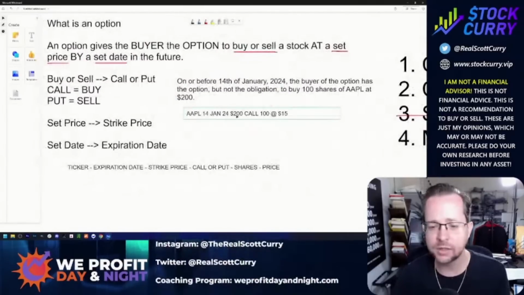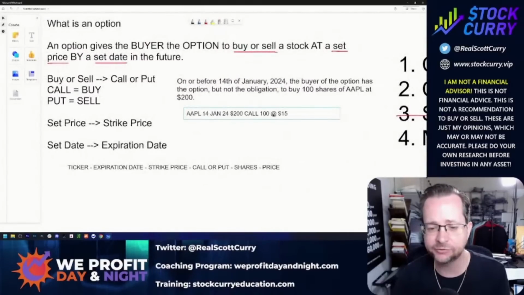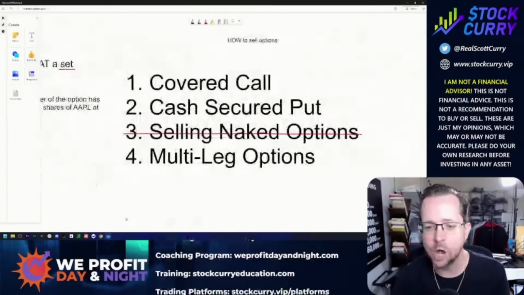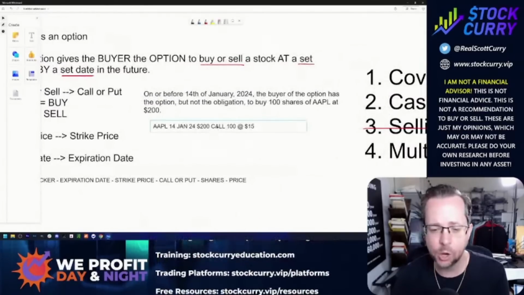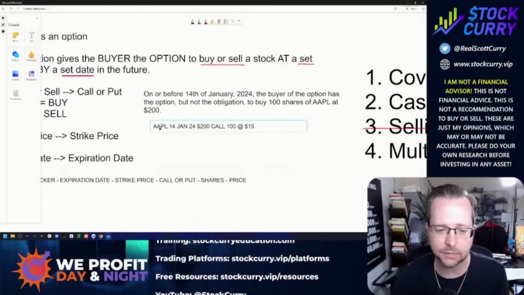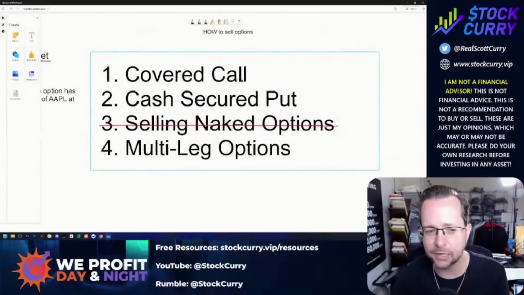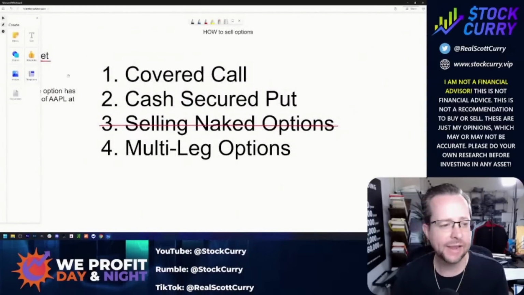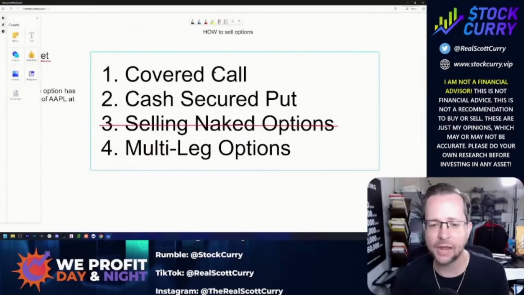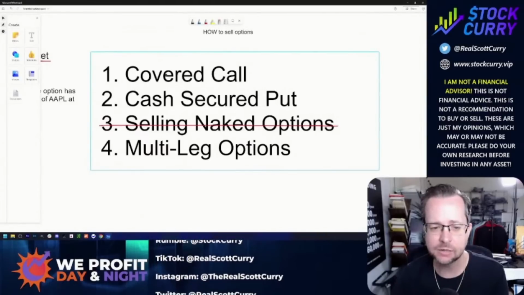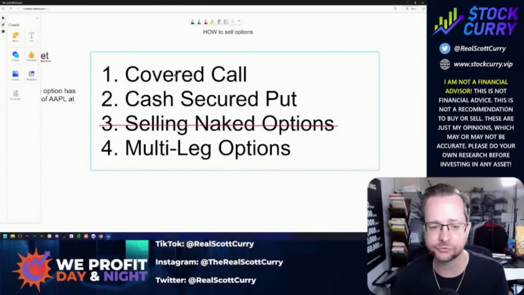Before the seller can sell this, they have to own the shares. They have to own the 100 shares before they can sell the option contract. So in order to sell the call, they have to own the shares. That's why the call is covered by the owned shares.